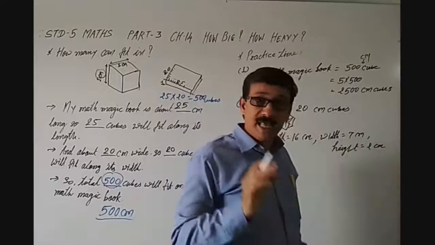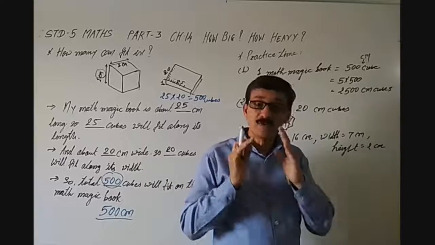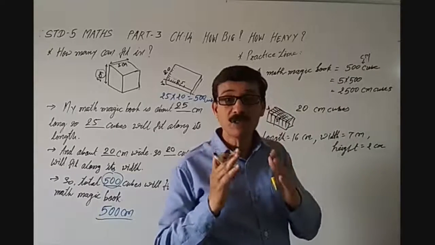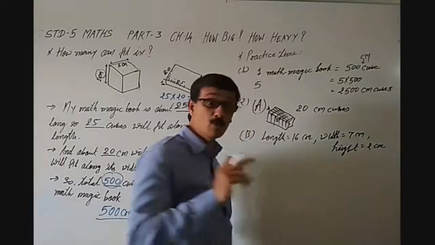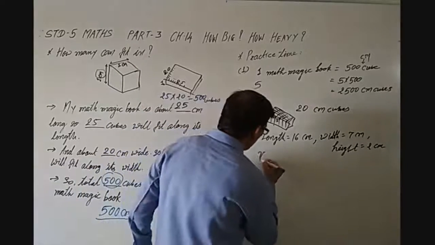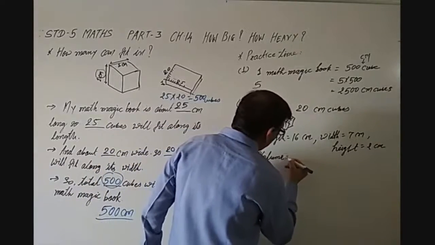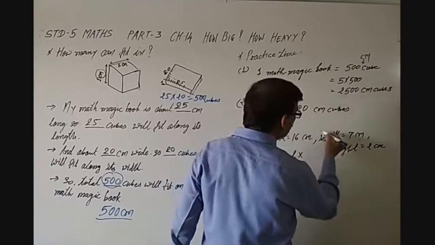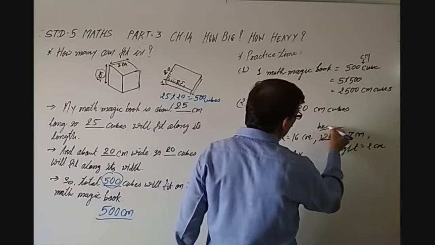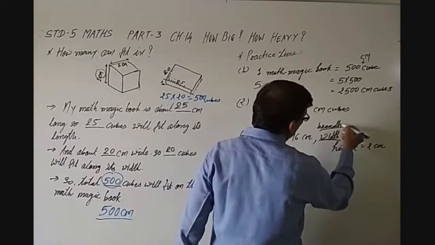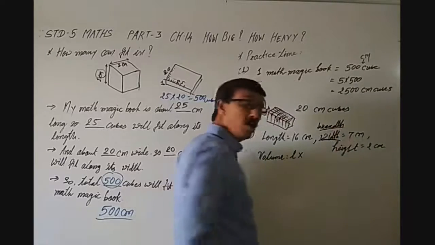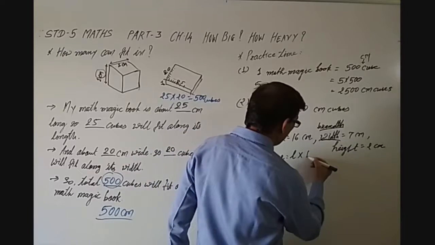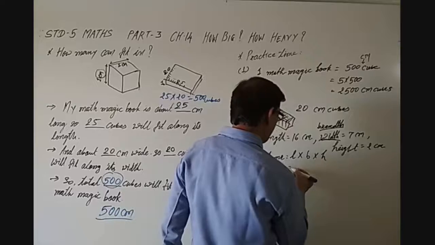So how to find out? We are finding the volume of the geometry box, and the formula to find the volume is length multiplied by width. Width we can say is breadth. So volume is equal to length multiplied by breadth multiplied by height, LBH.